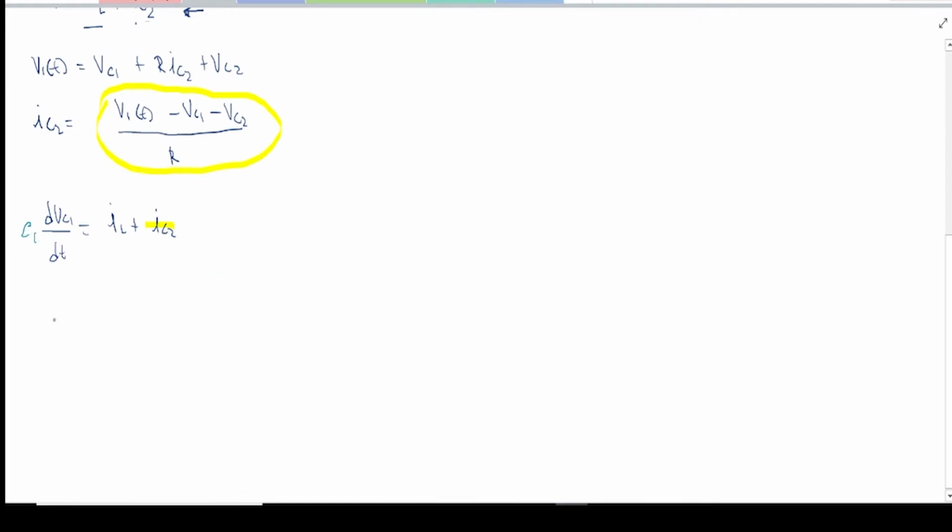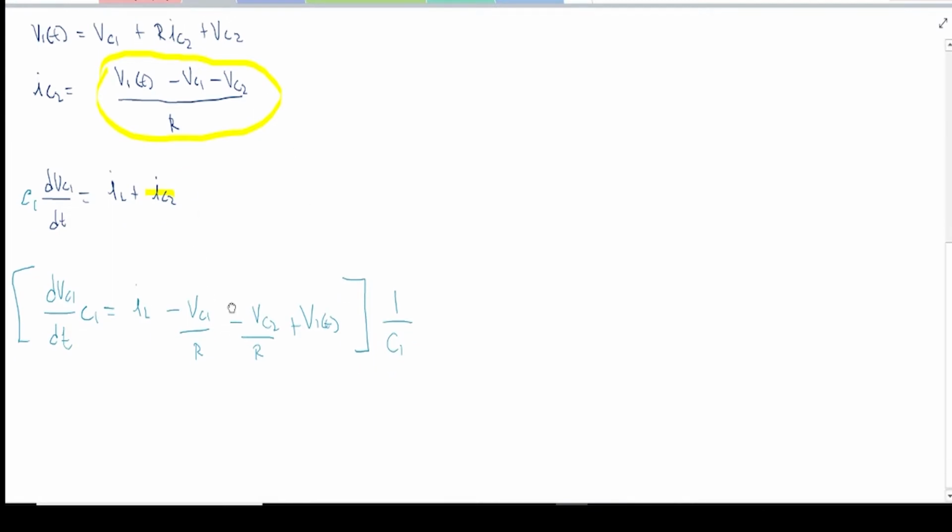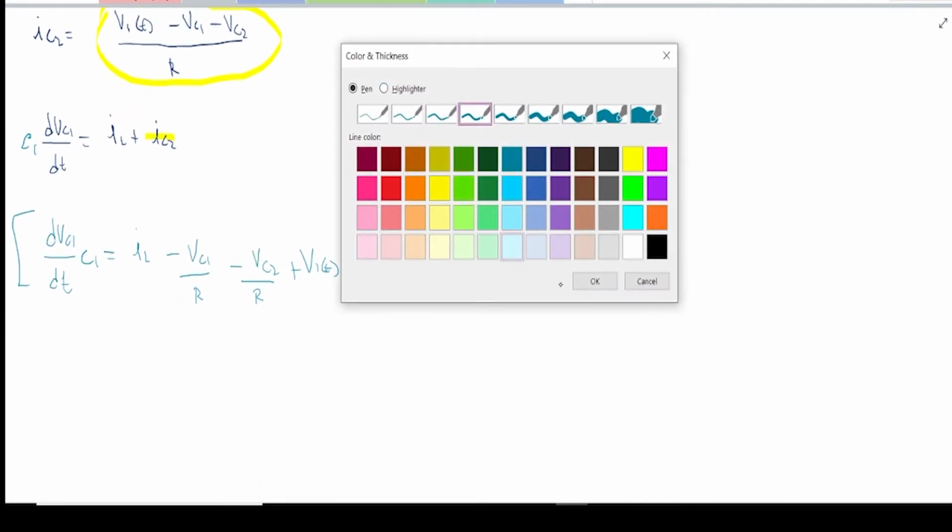Okay, so what happens here would be C1 dVC1/dt. And then if we multiply all of this by C1, we will have only this one on the other side, because that's our goal for this one.